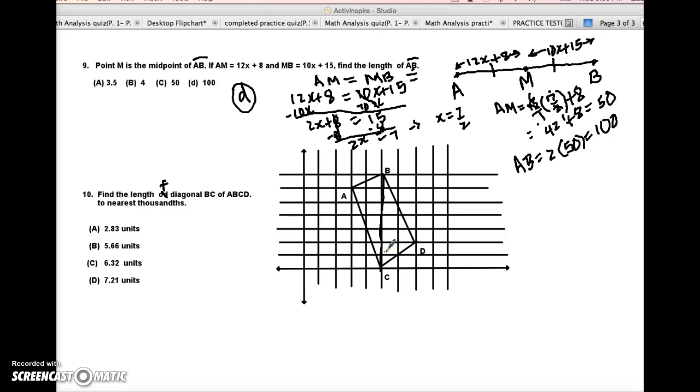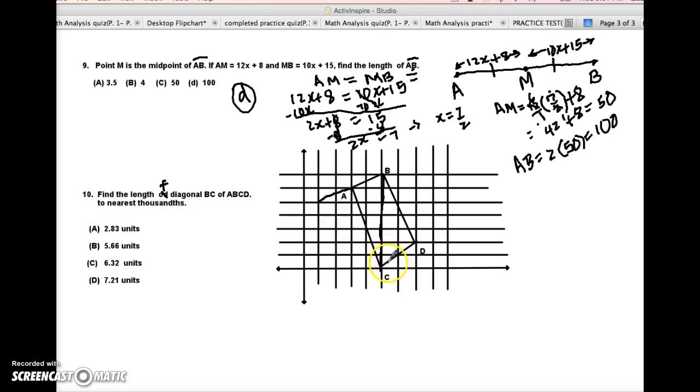Yes, this actually should be like this. Let me see if I can correct it on here. Yeah, this should be like this. Should actually look like this. Let's see. A should be here. B is here.